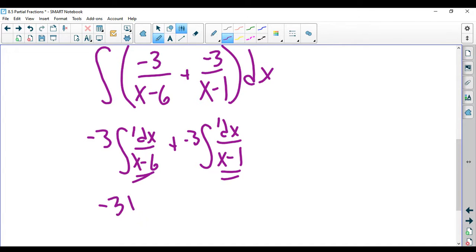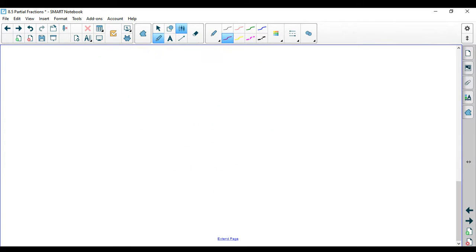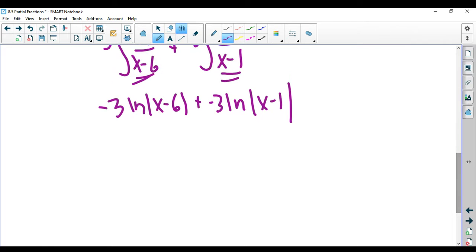So these are natural logs. Negative 3 times the natural log of the absolute value of x minus 6 plus negative 3 times the natural log of the absolute value of x minus 1 plus C. But I'm not going to write the plus C yet because I can see there's some simplification that can be done. Factor out negative 3. The natural log plus the natural log would be the natural log of the products.